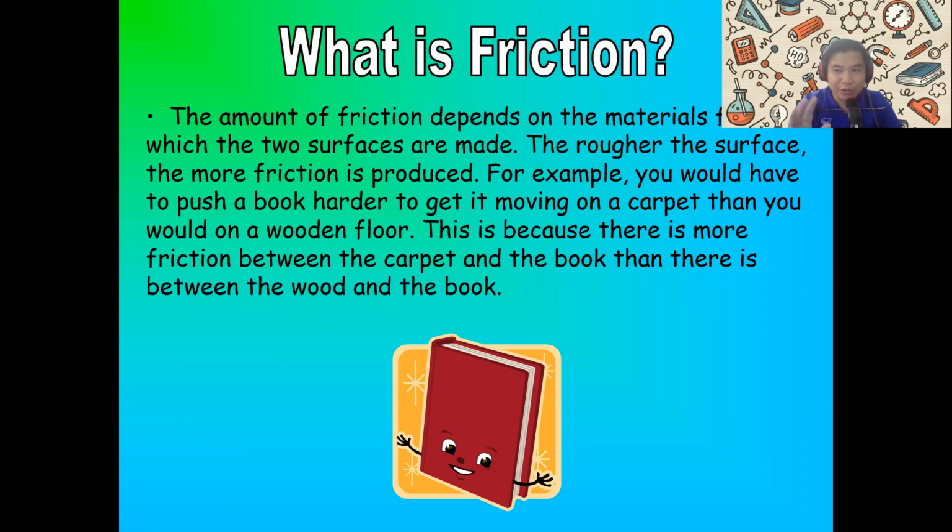Or when you try to slide your book on the tiles of your home, it will slide very fast because the tiles are very smooth. But if you try that on a football court, the thing that you're trying to slide will not slide as far because the football court has a lot more friction.